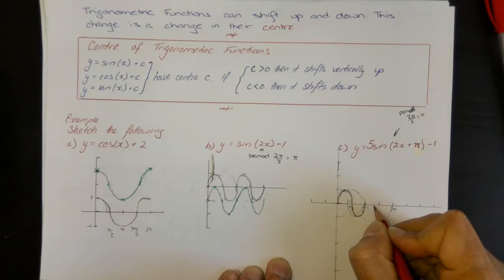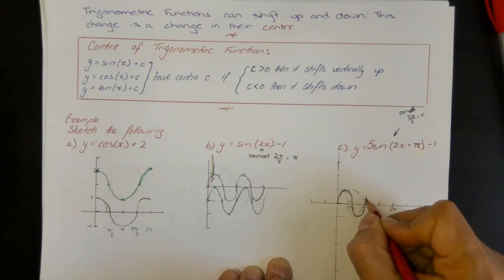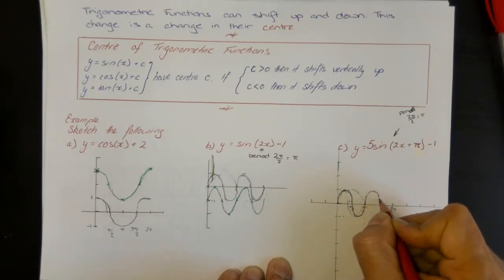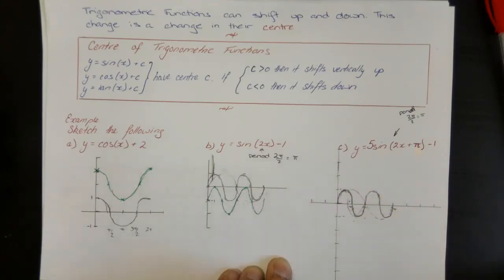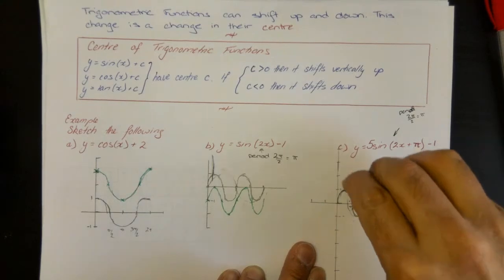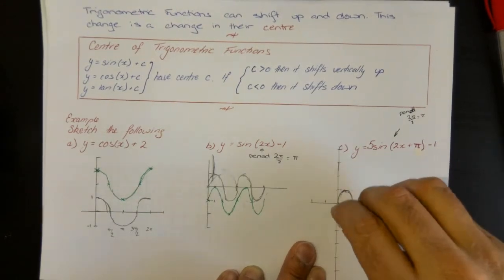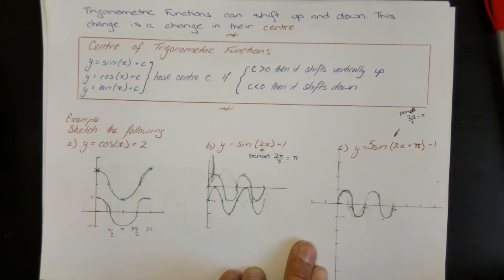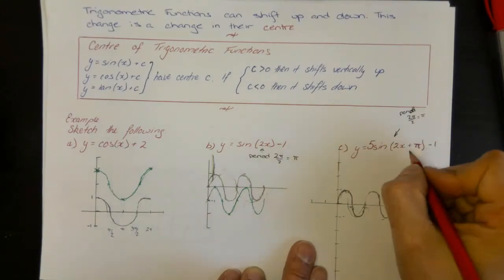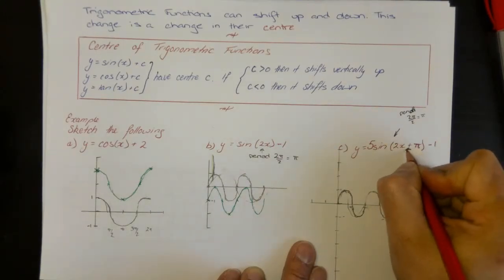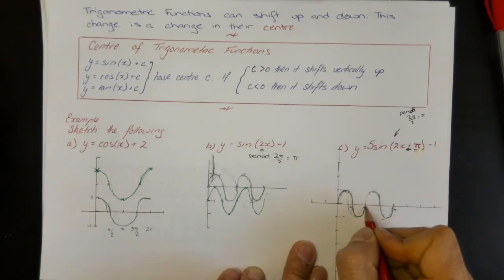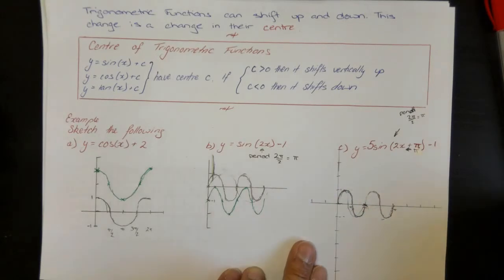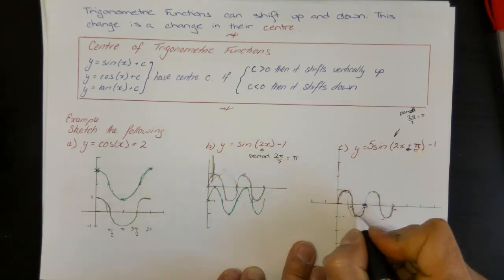So rather than being 2 pi, it's now pi. It now shifts to the left by pi units. So this point moves over here.